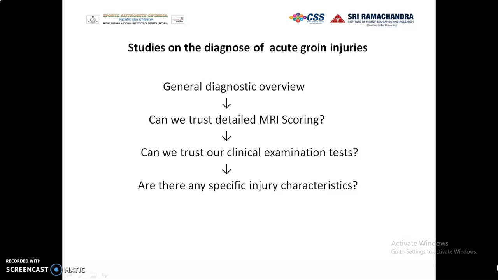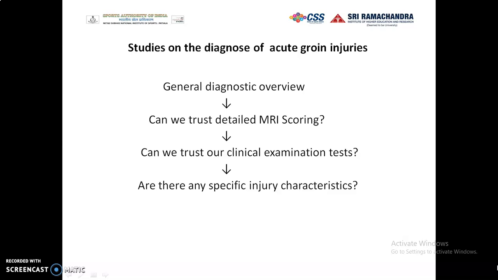Once you obtain the general diagnostic overview, we can also look at the MRI scoring, and we will be able to do the clinical examination tests, and if there are any correlations, again you can look at the MRI.